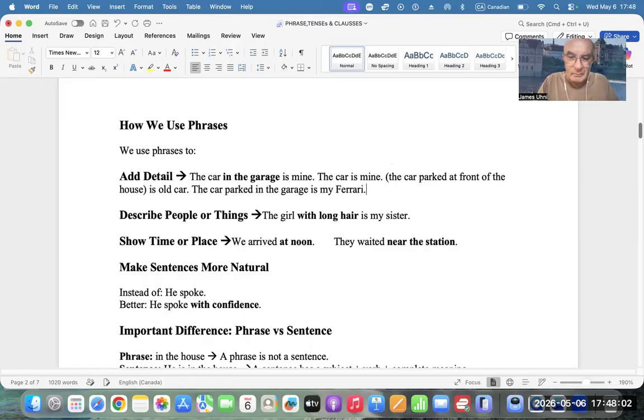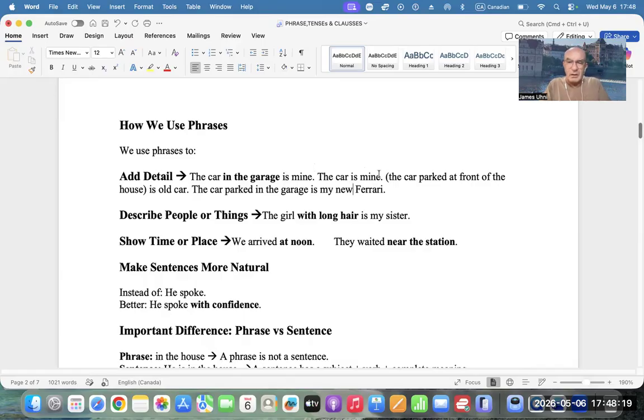How about that? It's my brand new Ferrari. So now we have the car is mine, simple information.